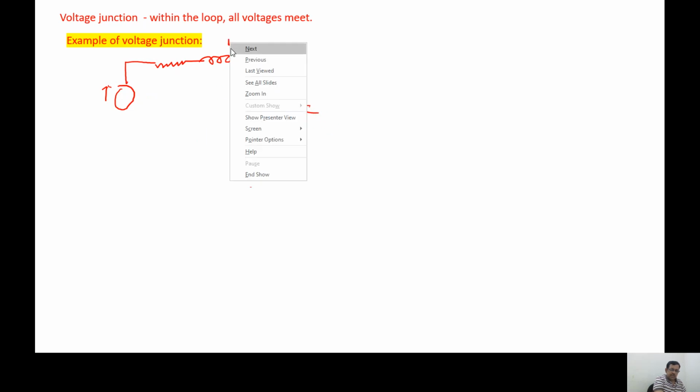For example, let us talk about this circuit. Let us say I have a voltage source connected to a resistor, an inductor, and a capacitor, a typical LCR circuit.